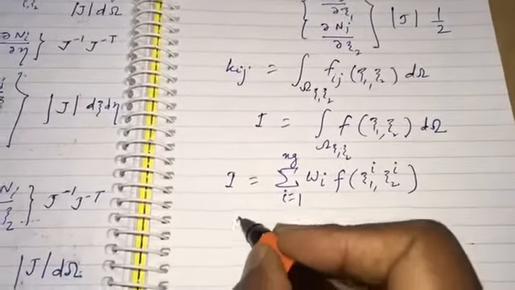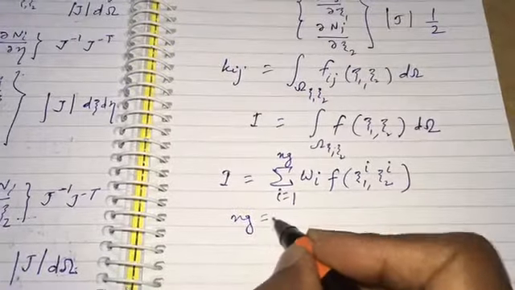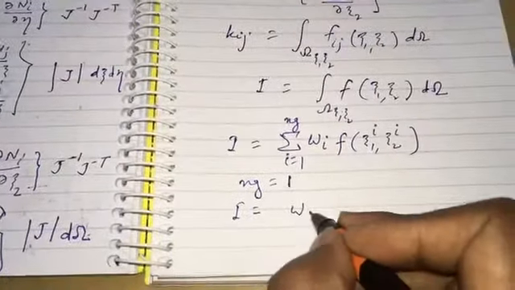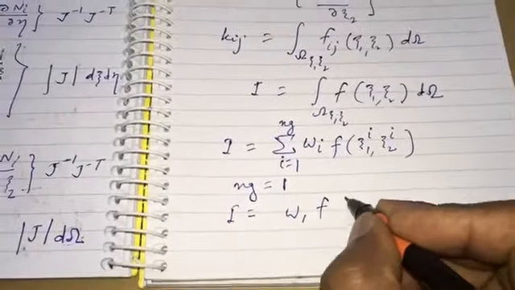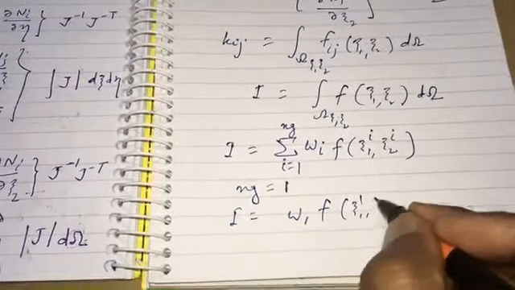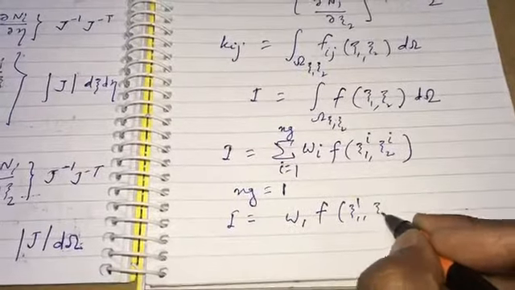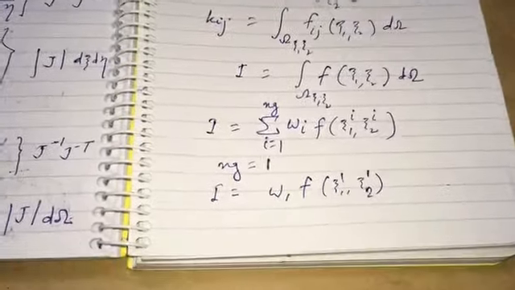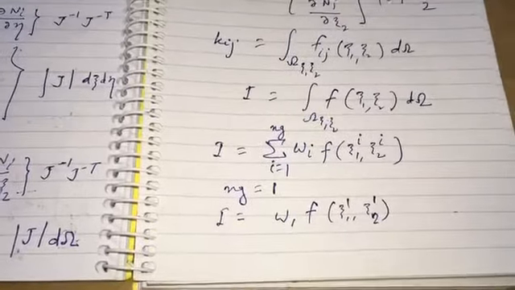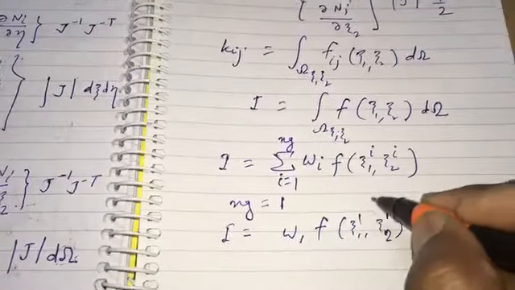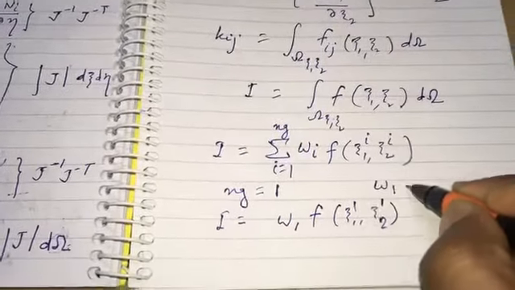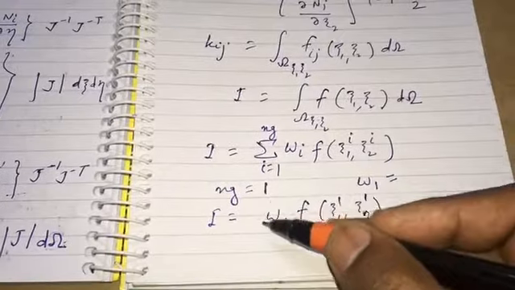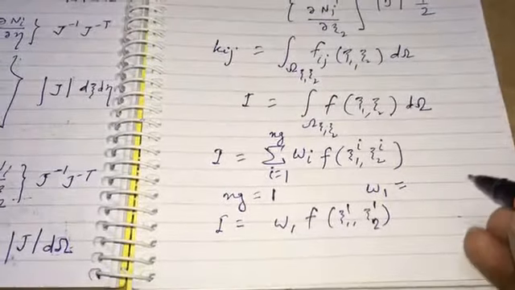For example, if ng equal to 1, then I will be given by w1 times the function evaluated at ξ1 1 and ξ1 2, at these points. What is the value of w1? W1 has to be equal to half.